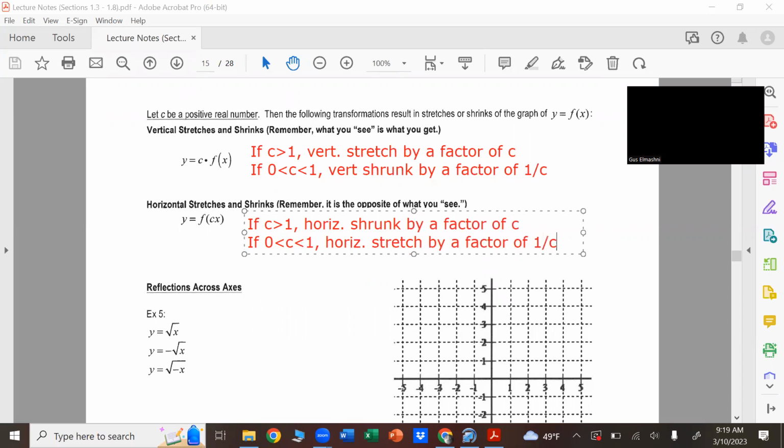And again, whenever C is less than 1, the factor you'd say would be 1 over C. So for example, if that were like 1/2, f of 1/2 x, we do 1 over 1/2, that becomes 2. Or here, if you have 1/2 times f of x, if you do 1 over 1/2, that also would be 2. So you say it's shrunk by a factor of 1 over c.